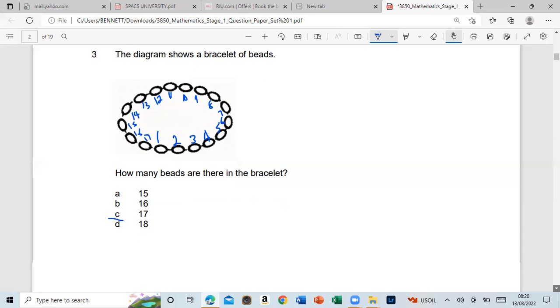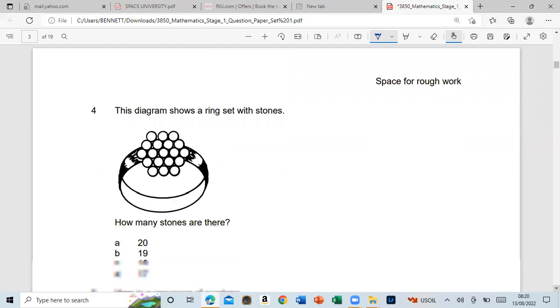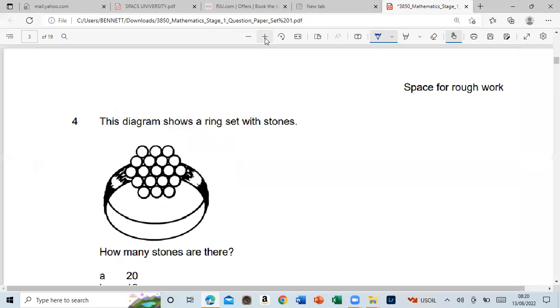All right, let's look at the next one, number 4. This is counting on again. This diagram shows a ring set with stones. How many stones are there? Let me enlarge it so you can count it properly.